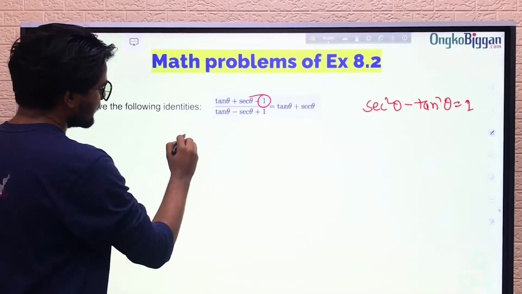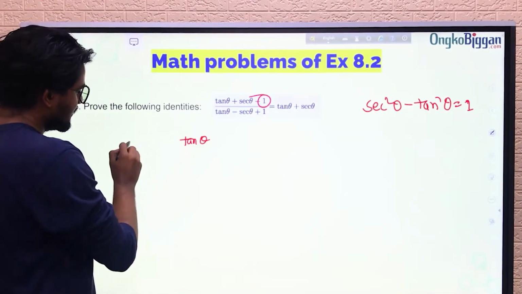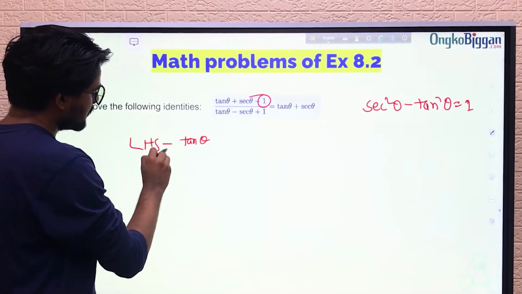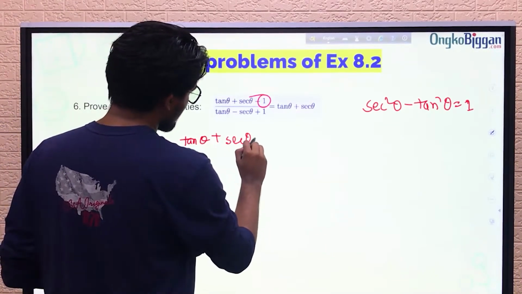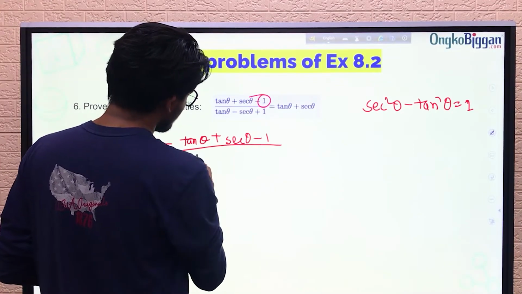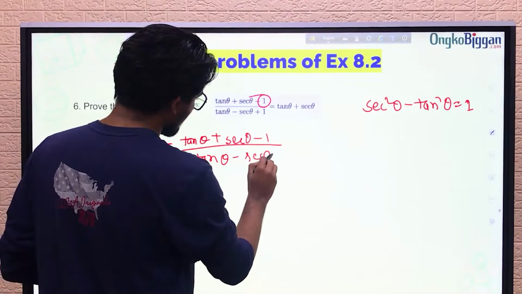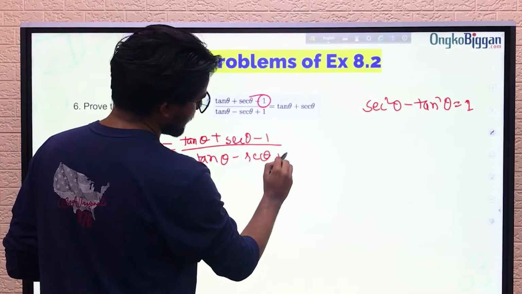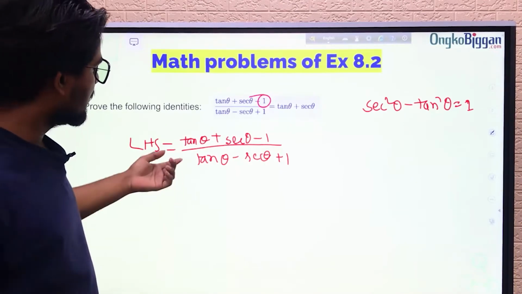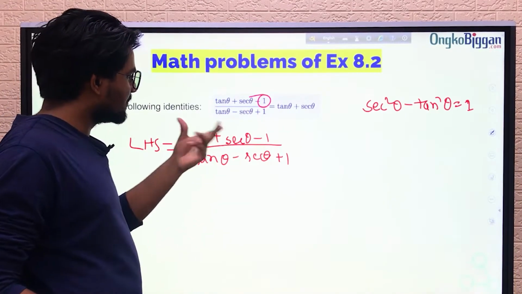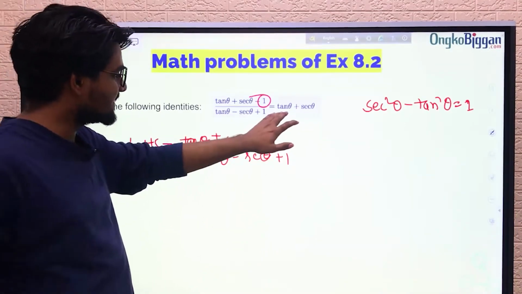I'm going to work with the left hand side. So left hand side is equal to (tan theta + sec theta - 1) divided by (tan theta - sec theta + 1). We need to cancel out the tan theta minus sec theta plus 1, because this is how we can reach the solution easily.